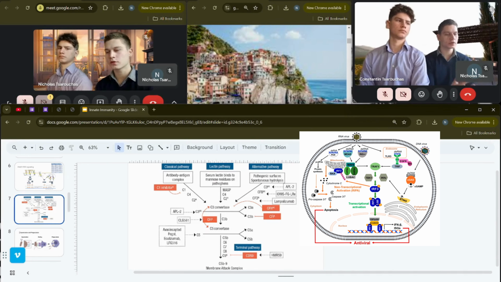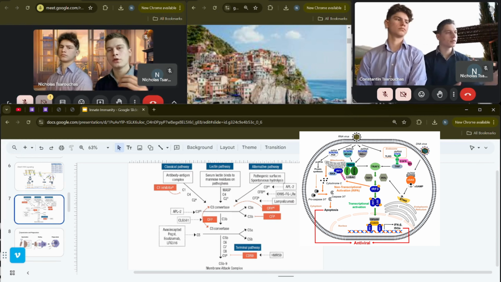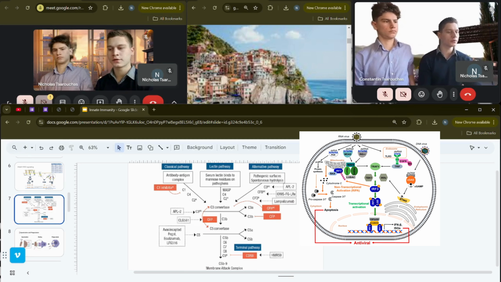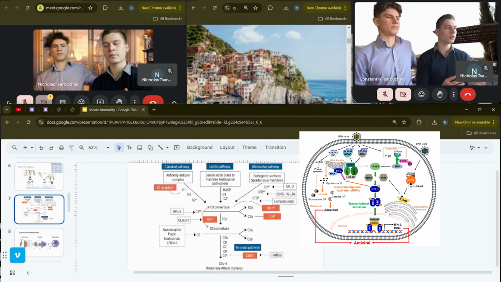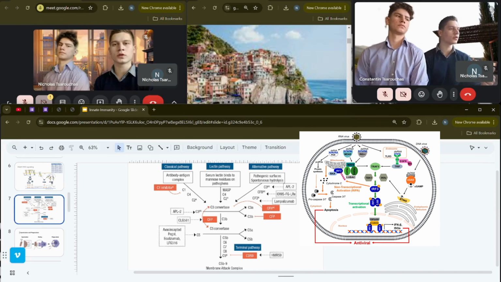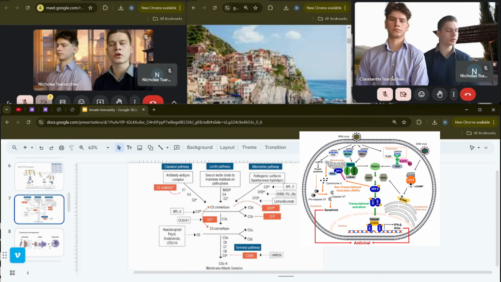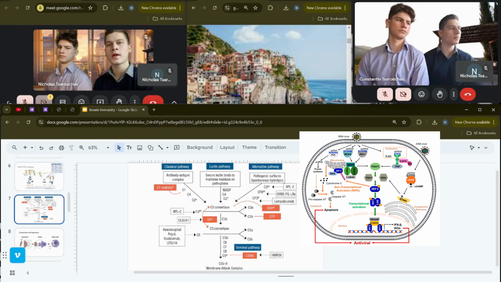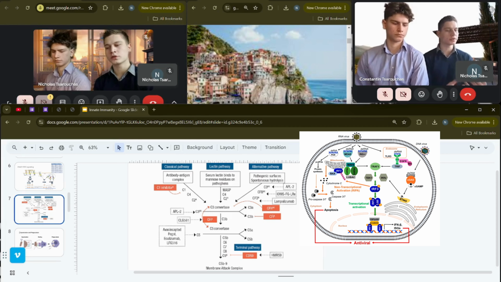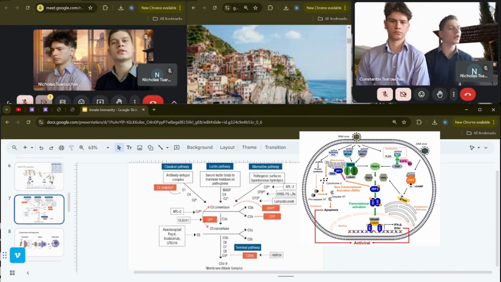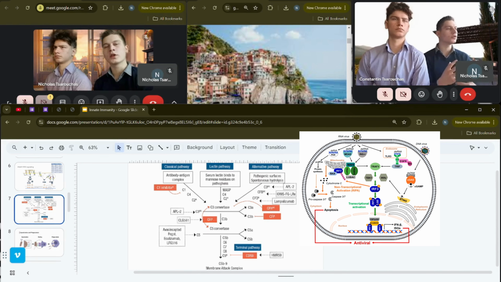And this is where you have regulatory factors, where properdin, what it does is it stabilizes the C3bBb complex. So you're able to form your C3 convertase, and stabilize the C5 convertase, so in MAC formation.